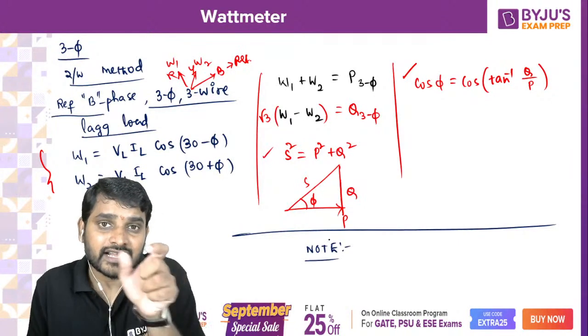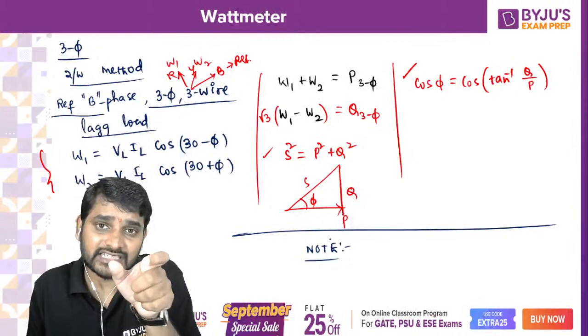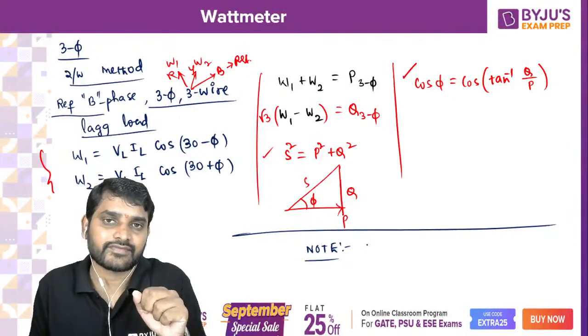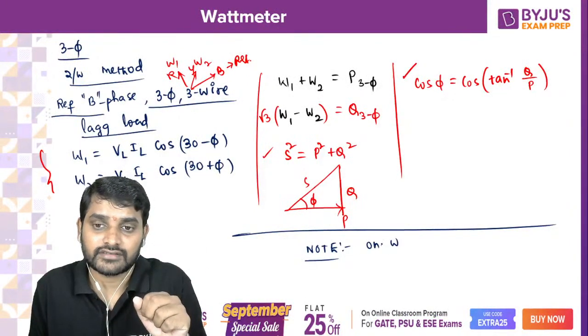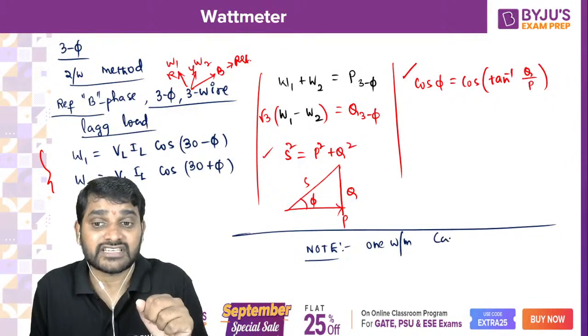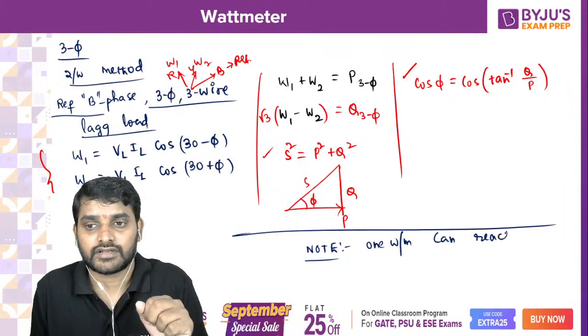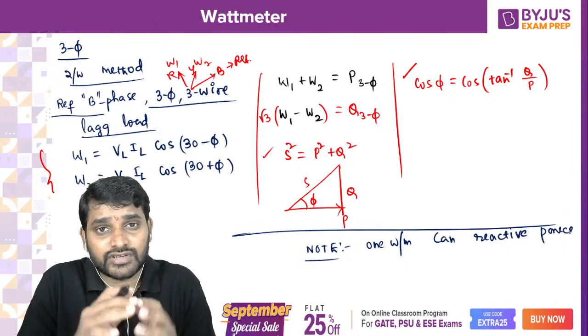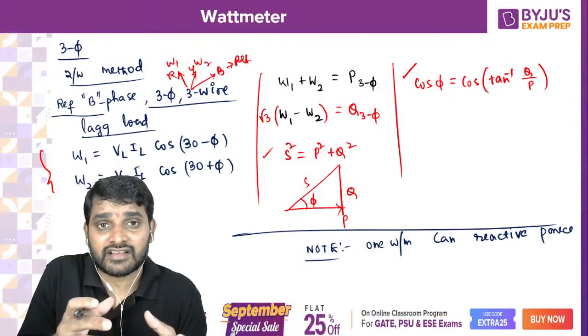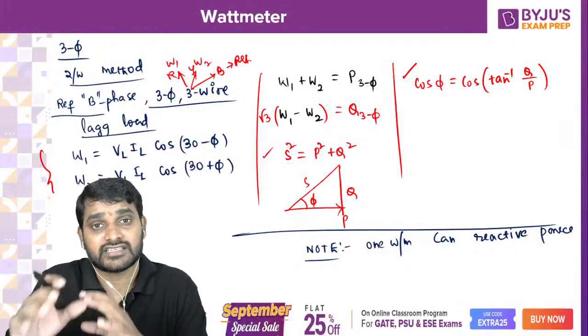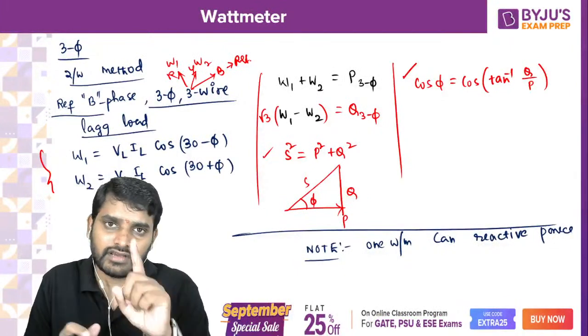Connect the current coil in one phase and the pressure coil across the other 2 phases. 1 wattmeter can measure reactive power. If they ask how many wattmeters are required in a 3-phase 3-wire system to measure reactive power, 1 wattmeter is sufficient.